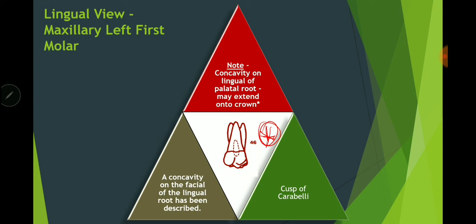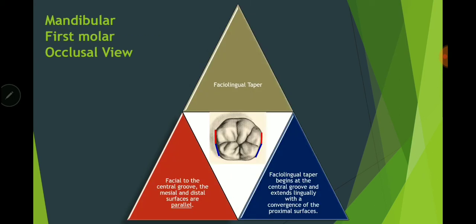So on the facial surface of the lingual root, you can also see a concavity. So the palatal root has concavities both on the lingual and also on the facial. All right. Facial lingual taper. Okay. I put a star there.